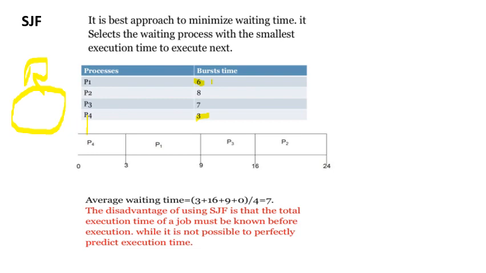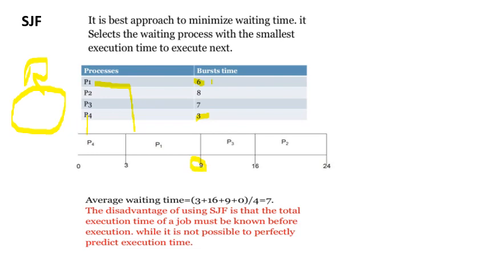So now P1 gets the CPU for executing the program. What is the burst time for P1? How many milliseconds will it be busy with the CPU? It is 6 milliseconds, so 6 plus 3, the completion time will be 9 milliseconds.